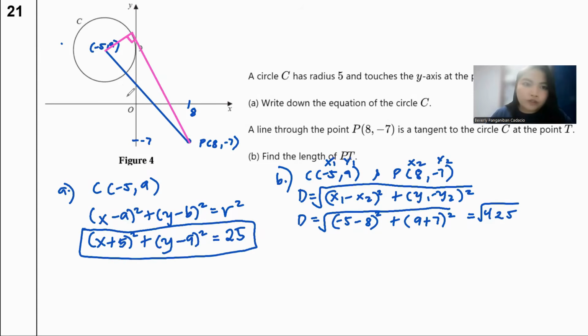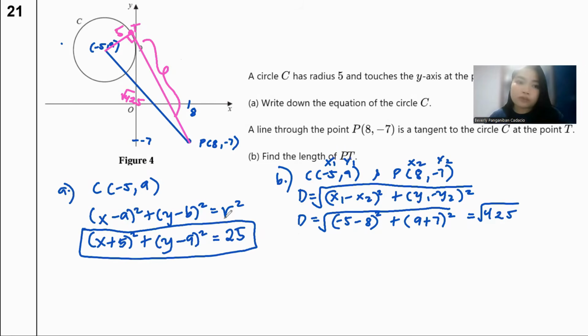Meaning your root 425 is this distance, the blue one. You know that this is 5, but you don't know this, which is what you want to find: PT, where T is the point on the circle where it is tangent, passing through (8, -7).